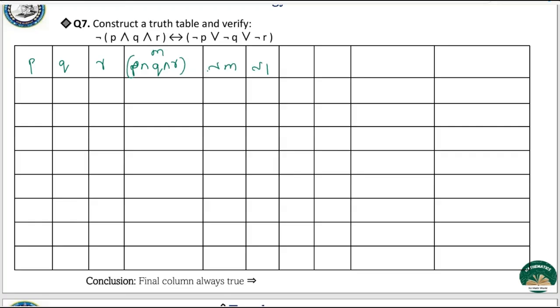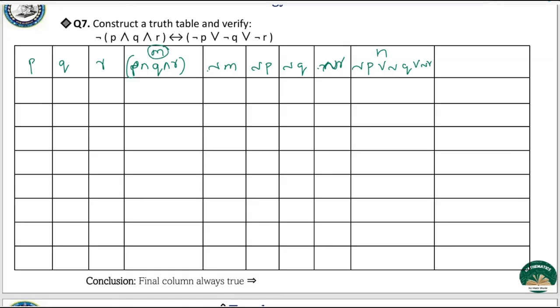Then negation P, negation Q, negation R. Then I'll write negation P or negation Q or negation R. I'll call this N.